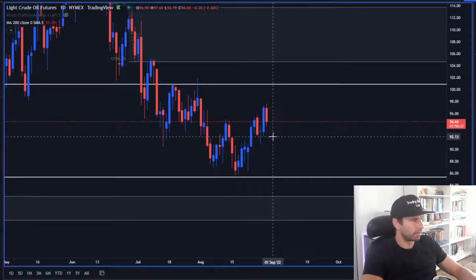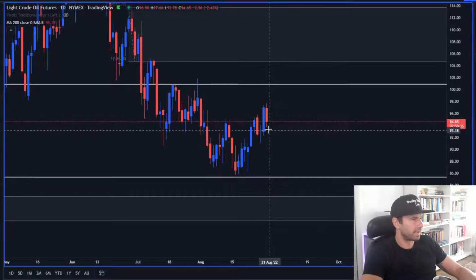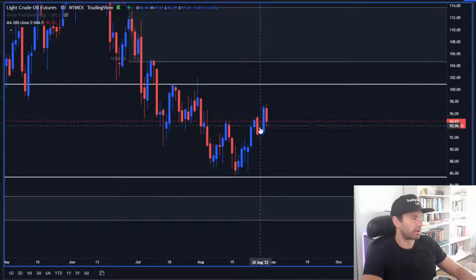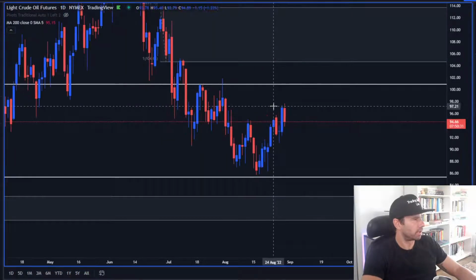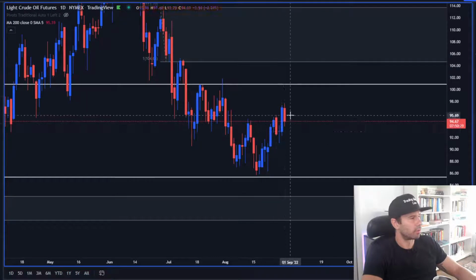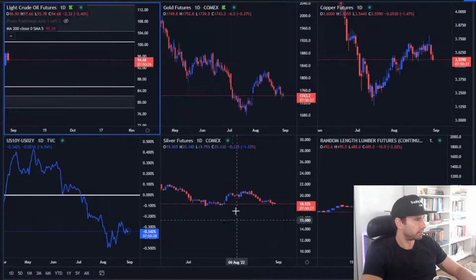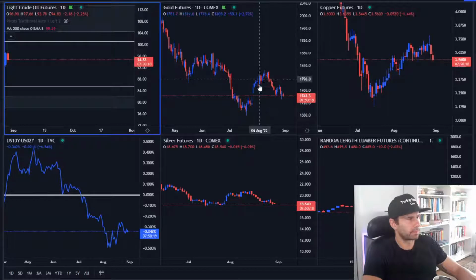If we don't break this low to the downside, I think it's a pretty bullish environment for oil. Metals pretty much flat, and they depend a lot on the dollar, so we don't spend too much time here on metals, right?